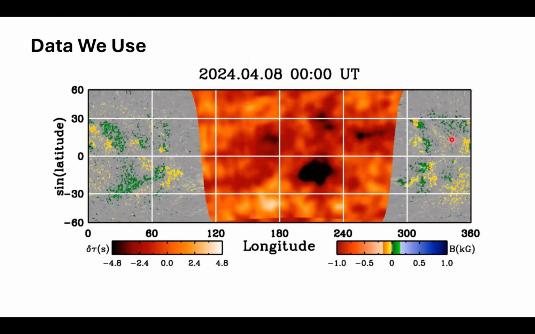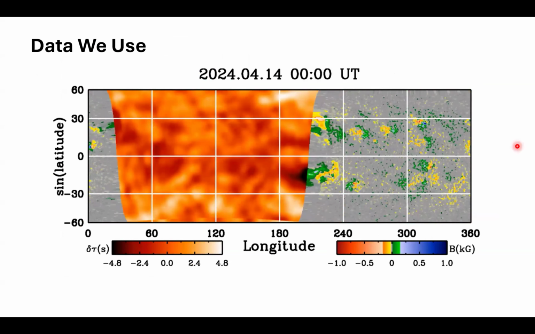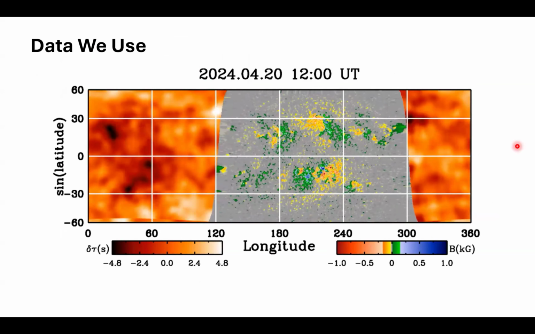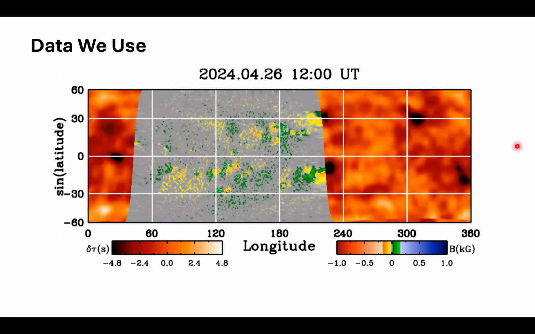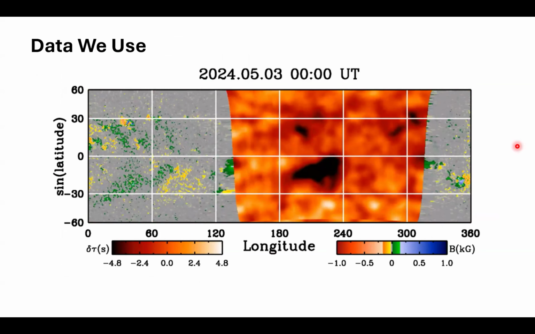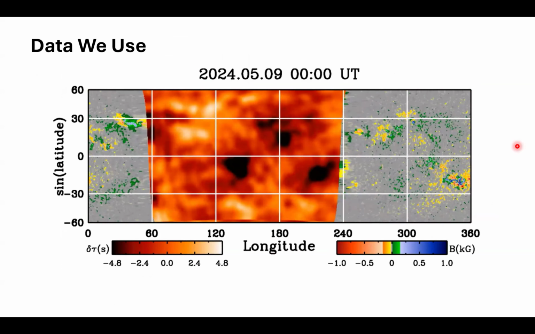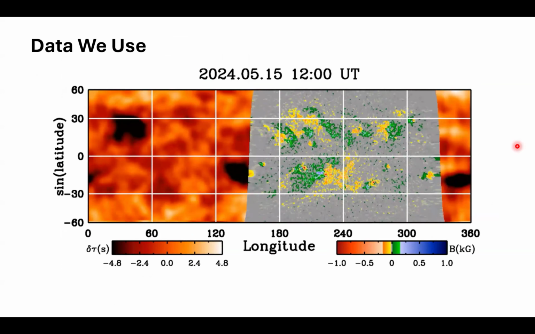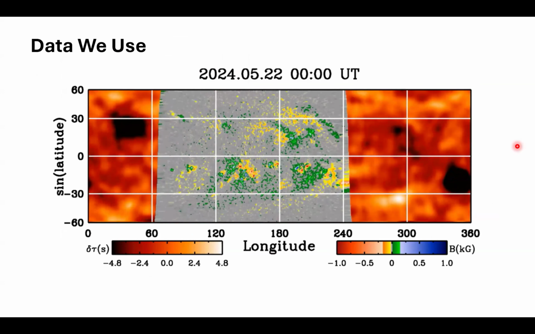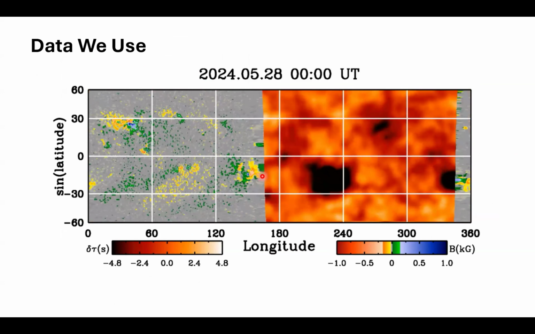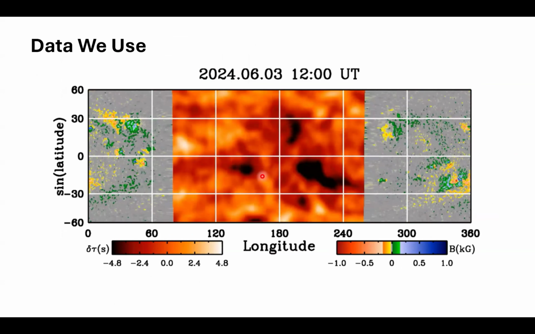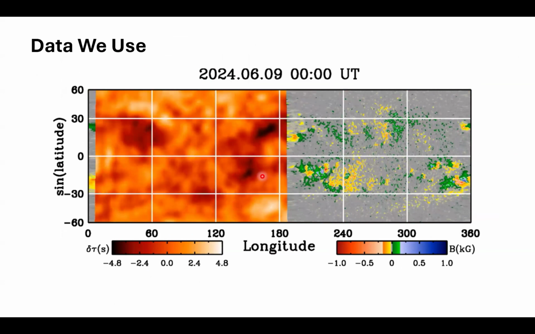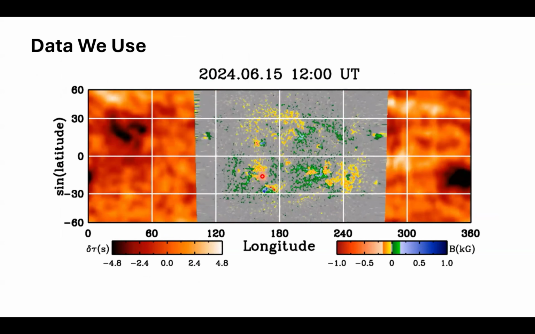The data we use are the near side magnetic field observations and the far side magnetic regions. This is far side imaging by use of helioseismic imaging, and we have years and years of such observations.